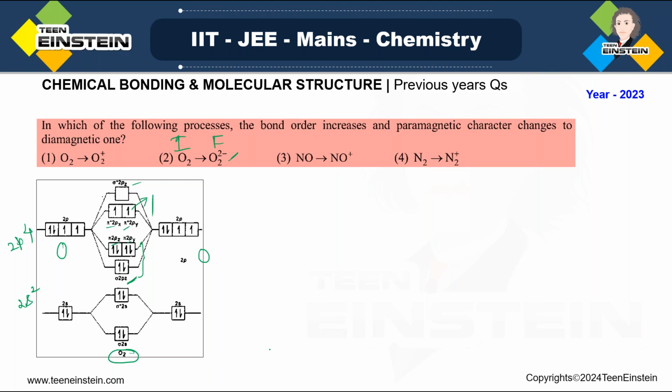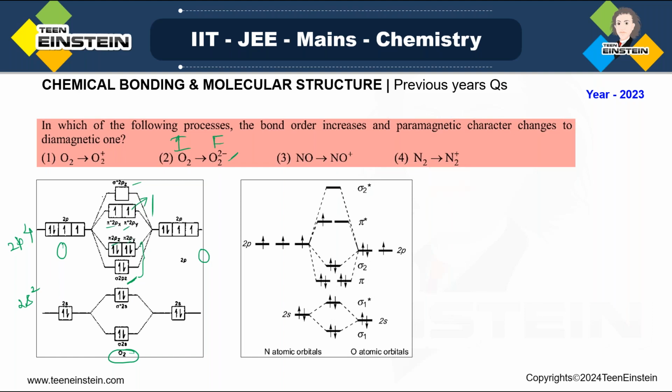But for O2 2 minus, it will be 6 minus 4, so 6 minus 2 is 4 and 6 minus 4 is 2. So 4 divided by 2 is 2, and 2 divided by 2 is 1. So the bond order is not increasing. This is not correct for O2 2 minus. So this is cancelled.